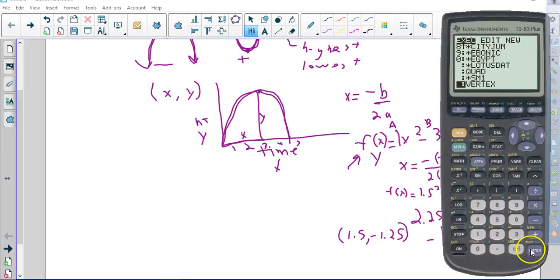You just arrow down to it and hit enter, and if it isn't, I'll put it on your calculator in class. But you just hit enter again and it says enter A. Well, what did we say A was? We said it was 1, and you hit enter.